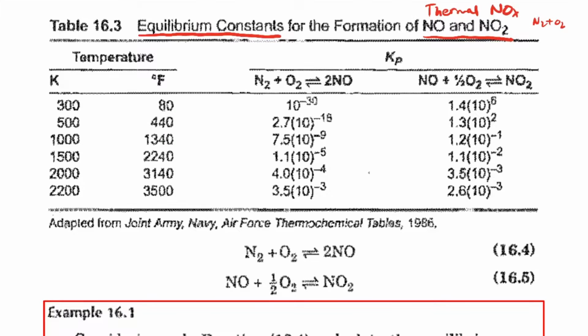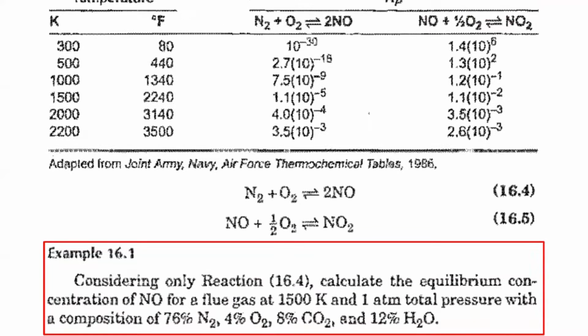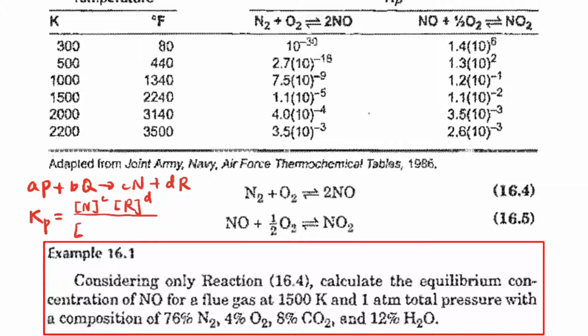For example, if we're talking about a reaction between a number of P reacting with b number of Q, forming c number of N and d number of R, the equilibrium constant for this reaction is going to be defined as the concentration of N to the power of c, times the concentration of R to the power of d, divided by the concentration of P to the power of a and the concentration of Q to the power of b.